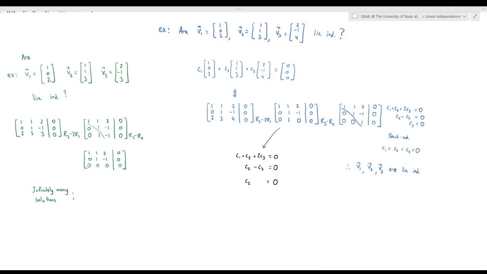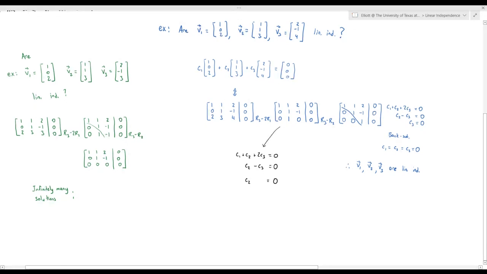A linear system of equations could have a unique solution, could have no solution, and if it's neither of those two, then it's going to have infinitely many solutions. Those are the 3 different possibilities. So this is an instance where you have infinitely many solutions, okay?